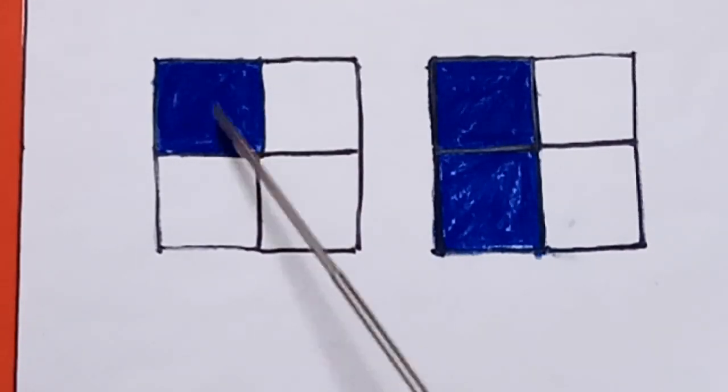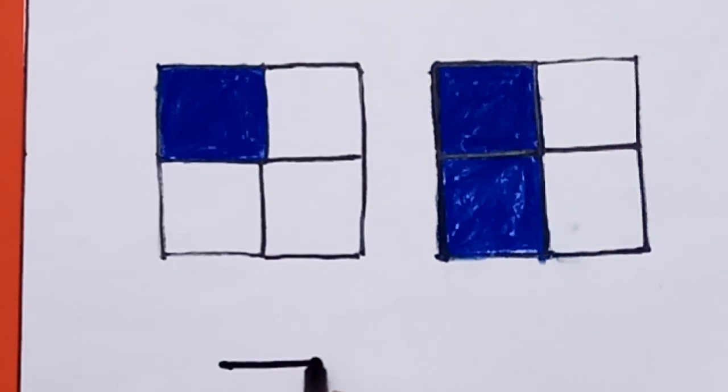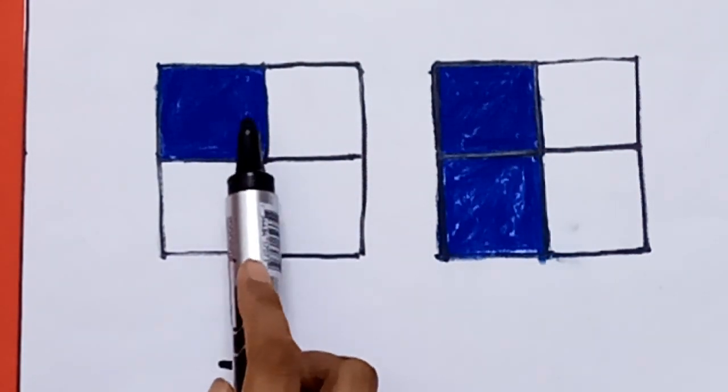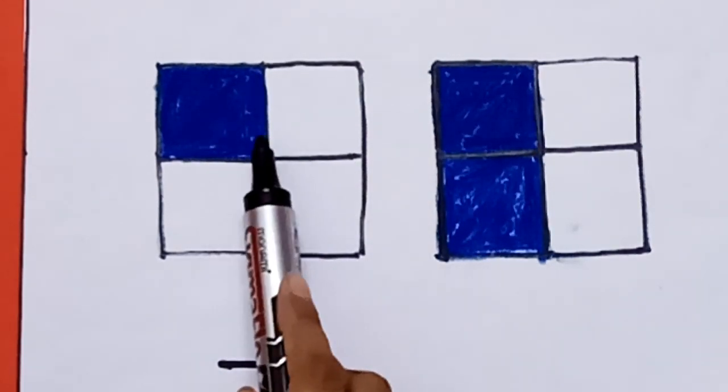How to write shaded part mathematically? First we have to draw a horizontal line. Then how many shaded parts? 1. And total parts 4.